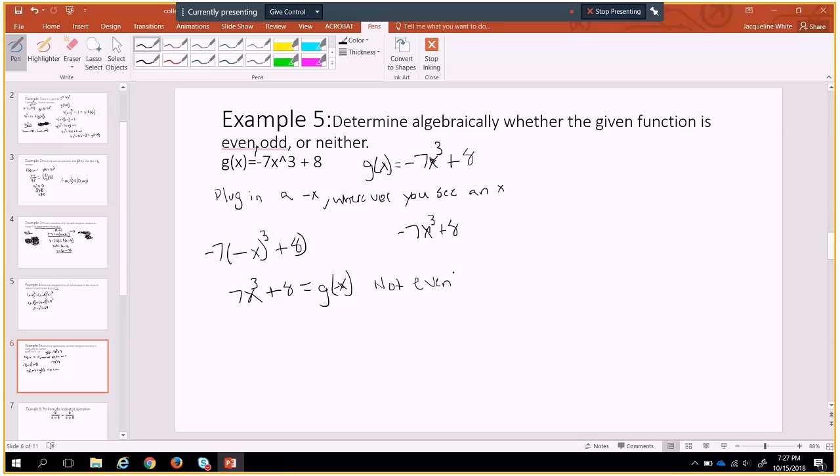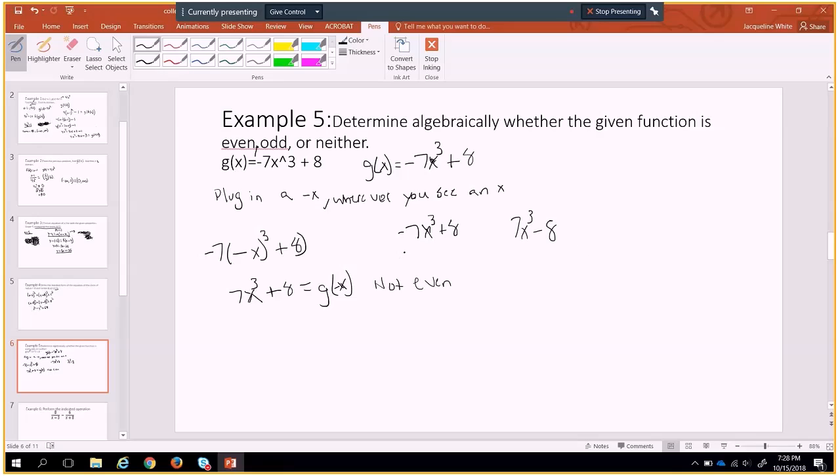Now thinking about whether it's odd or not. If it was odd, then when we plugged in a negative x, this equation would have to look like a positive 7x cubed minus an 8.